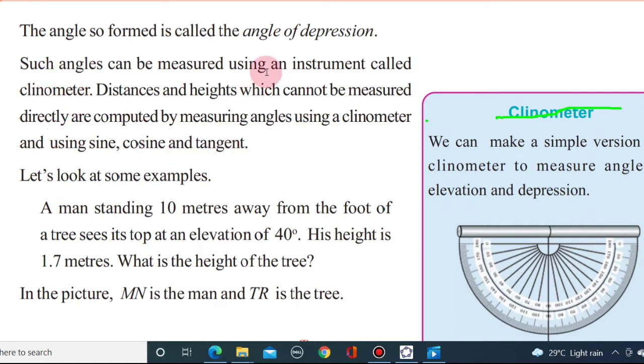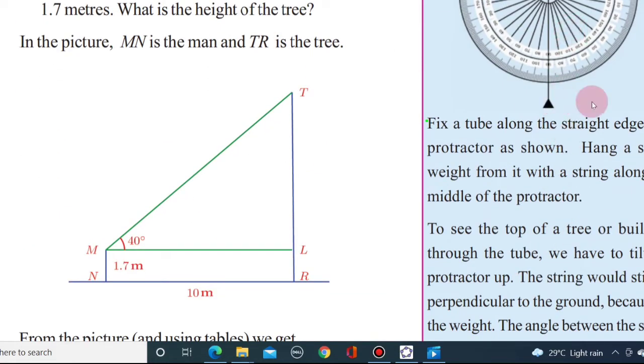Such angles can be measured using an instrument called a clinometer. See here, you can see a clinometer. This is what we call a clinometer. You can make this clinometer using a protractor, a pipe and a thread.